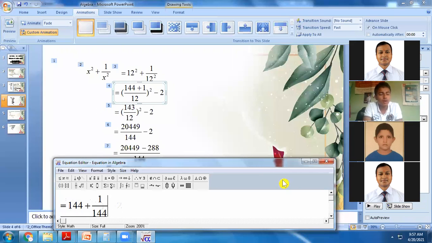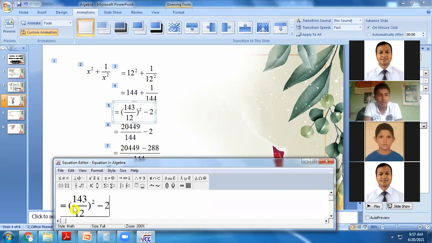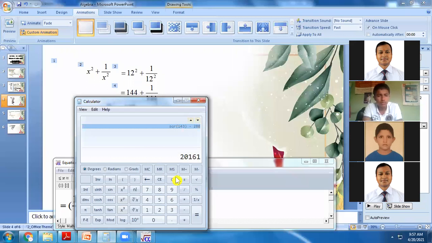Now this will be the next step. Then in the third step we have to multiply 144 and 144. Multiplying 144 and 144, what do we get? 144 square, it is 20,736.